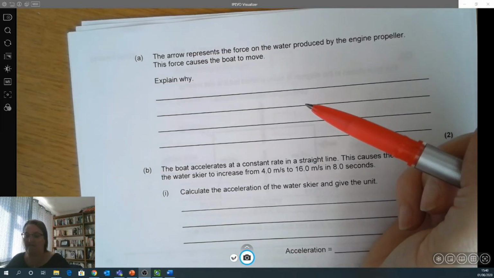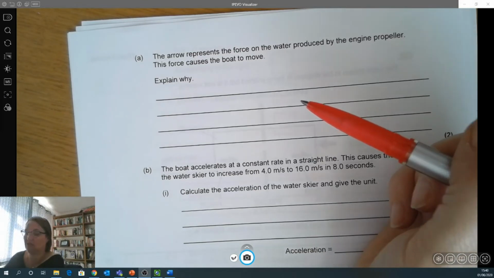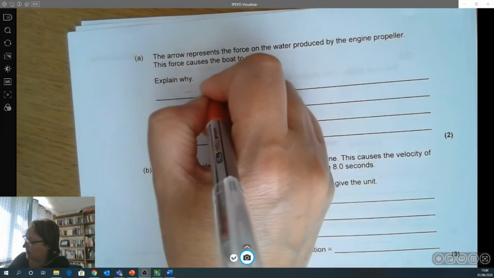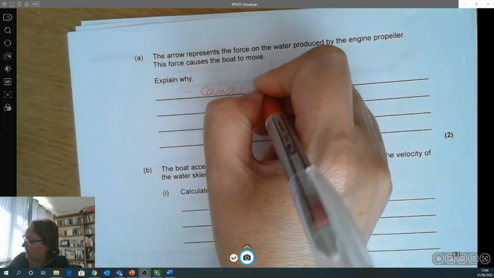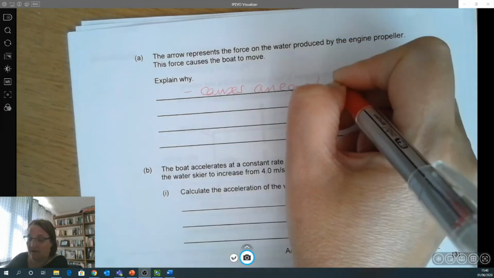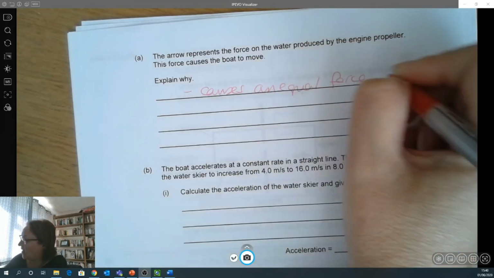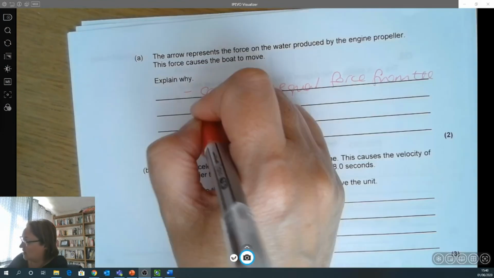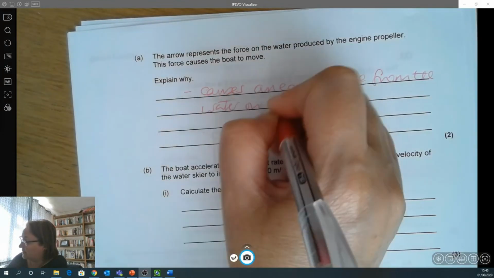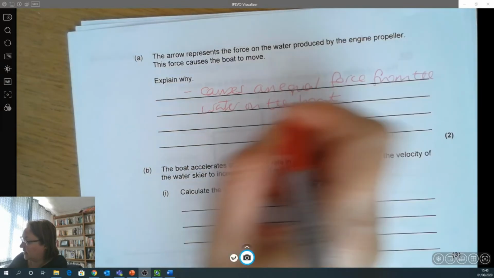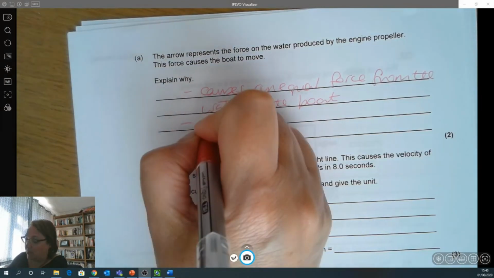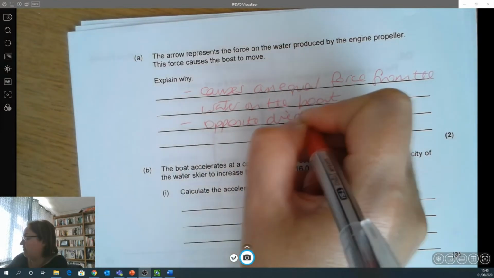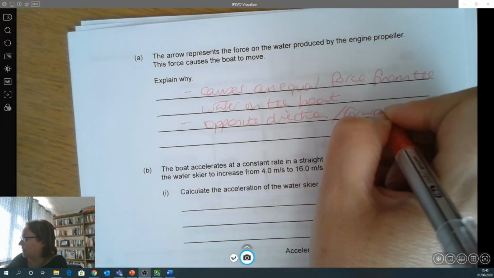Very, very few students got any marks for this question. Negligible students. It's because this causes an equal force from the water on the boat, and it's in the opposite direction, or forwards direction, you could say.